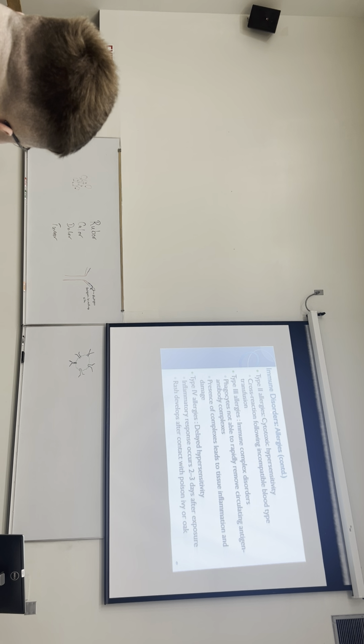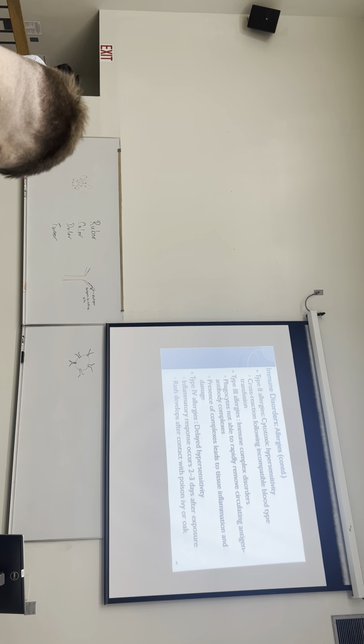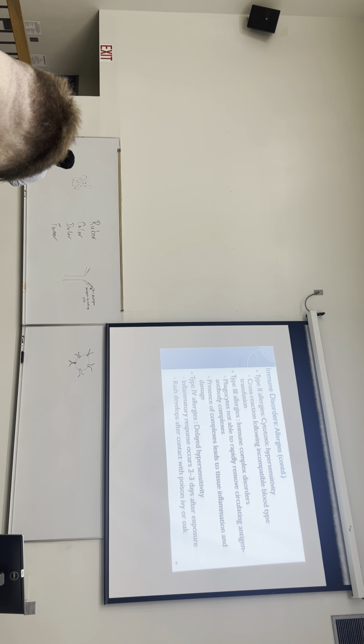The next one is called cytotoxic, or type 2. This is what's seen with incompatible blood transfusions. What's another very severe possible complication of incompatible blood transfusion? Like rejection, right? Is it rejection? That's transplant. Okay. Here I'm talking about blood transfusion, right?